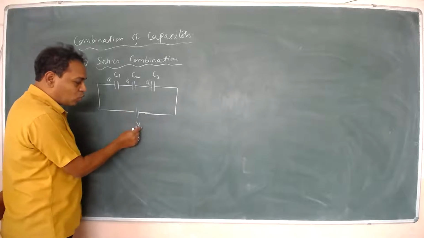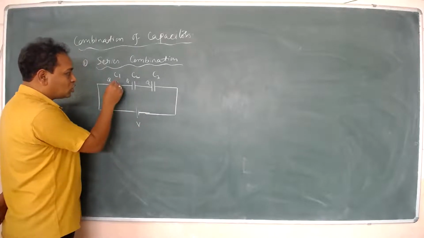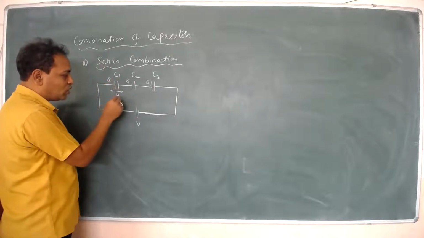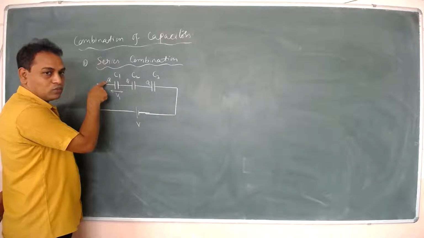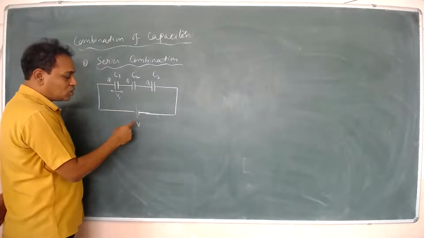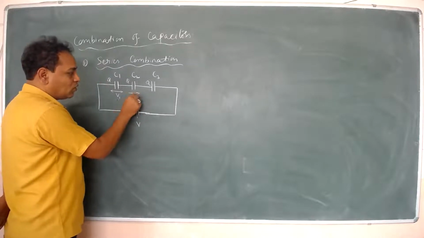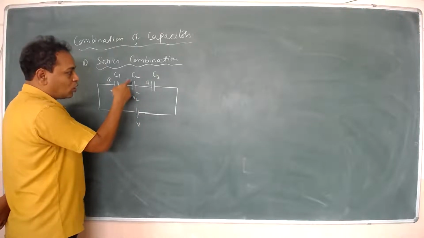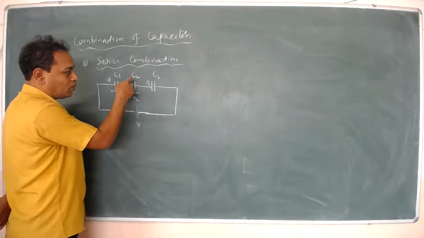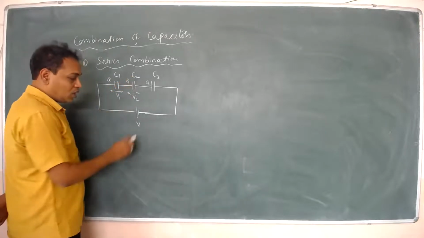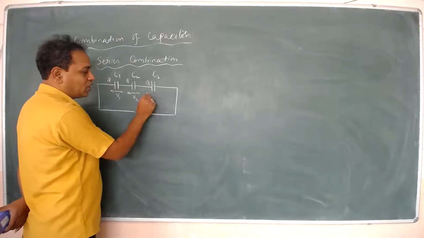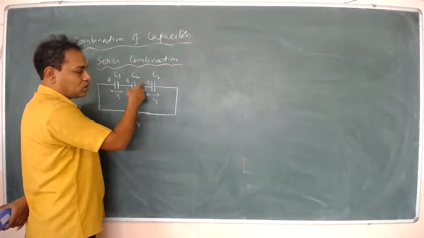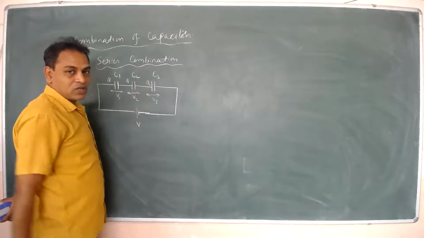Some amount of this V, say V1, is utilized by the capacitor C1 to store the charge Q. Some more amount, say V2, from the V is used to store the charge Q on the capacitor C2. Similarly, the remaining amount, V3, is the potential used to store this charge on the capacitor C3.